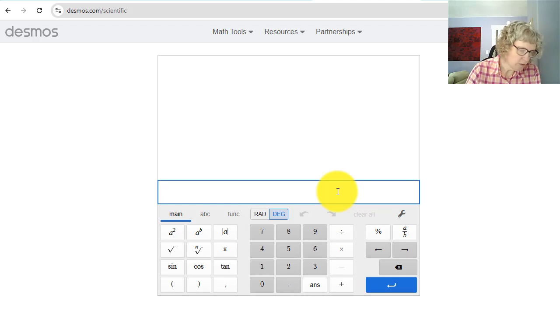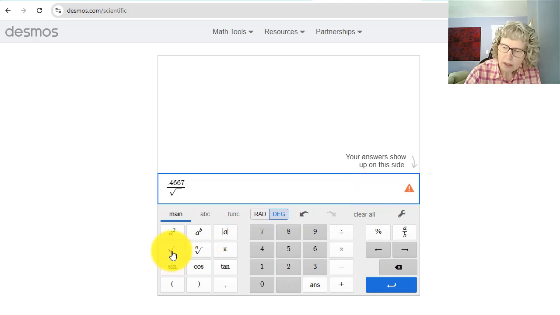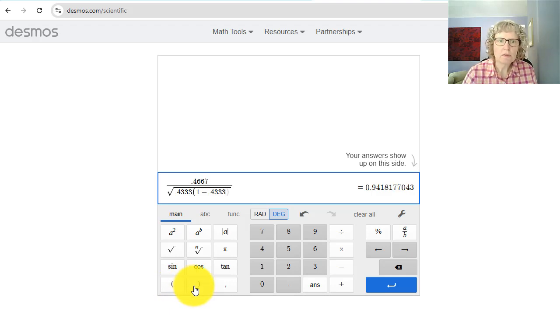Okay, so we've got 0.4667 divided by square root 0.4333 parentheses 1 minus 0.4333, and close those and open, and I'm still in the square root.